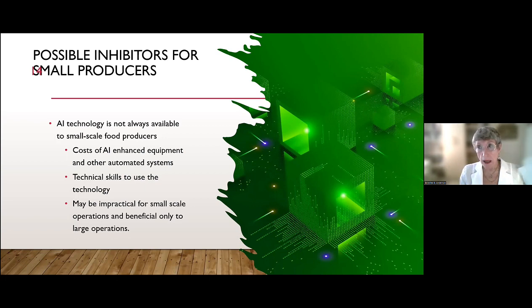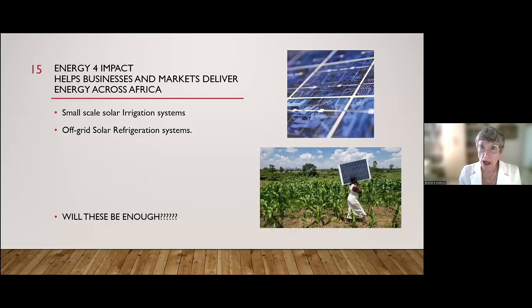Now, there is possibly one solution to that. Another company I found is Energy for Impact. This is an African firm which recently merged with a Mercy Corporation from the UK. And they're trying to help businesses and markets deliver energy across Africa. And one of the things they're working on is to develop small-scale solar irrigation systems for the small farmer.